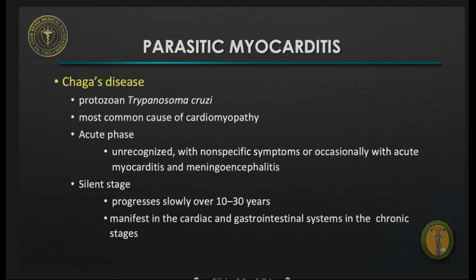Next is parasitic myocarditis. So Chagas disease is caused by the protozoan Trypanosoma cruzi, which is the most common cause of cardiomyopathy. The parasite itself can cause myocyte lysis and primary neuronal damage. And specific immune responses may recognize the parasites or related antigens and lead to chronic immune activation in the absence of detectable parasites.